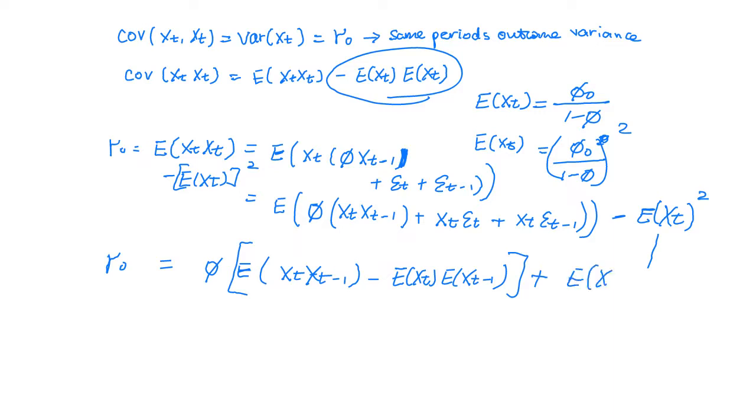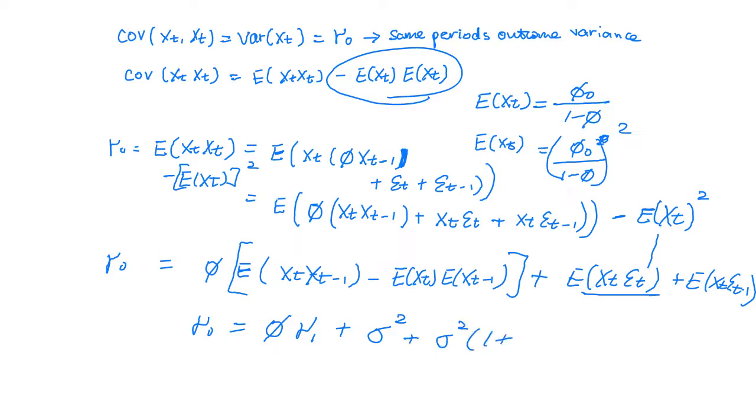Plus epsilon t plus epsilon t minus 1. Okay, and what's this? This will be gamma naught. It's equal to c gamma 1 plus sigma square plus sigma square times 1 plus this.